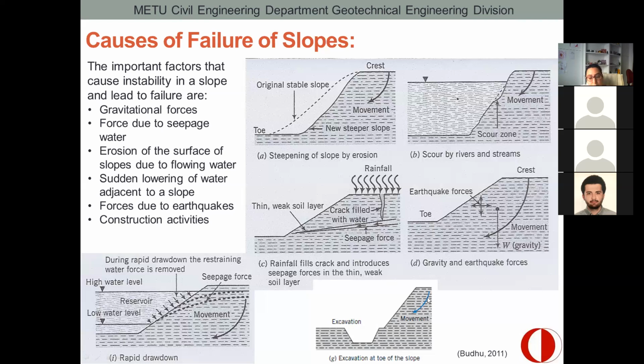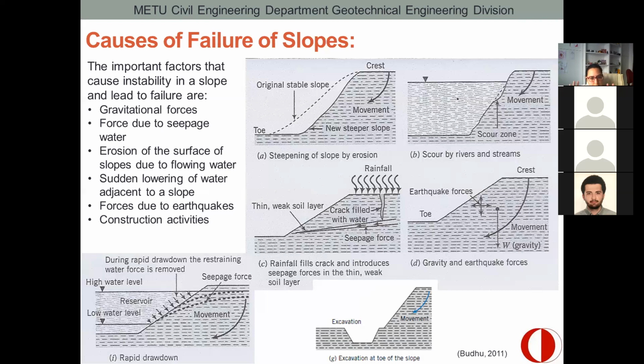Sometimes this happens immediately after the slope is designed. Sometimes this happens 5 years after the slope is designed. So the engineer should be aware that even if I design the slope, 5 years later somebody may come here and change the geometry, my slope should still be safe after any excavation activity.